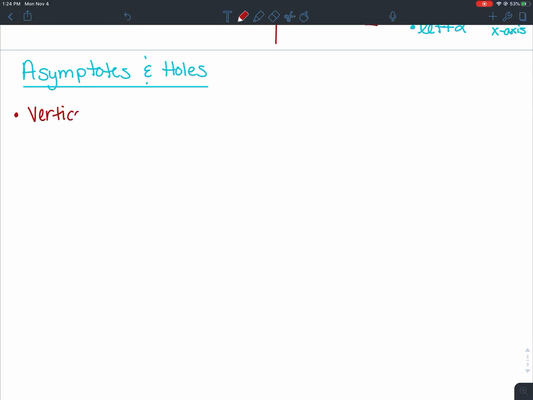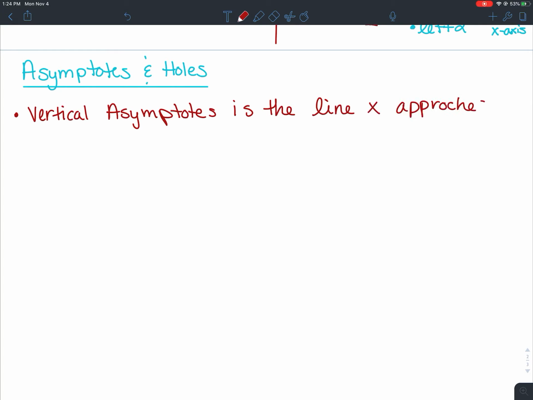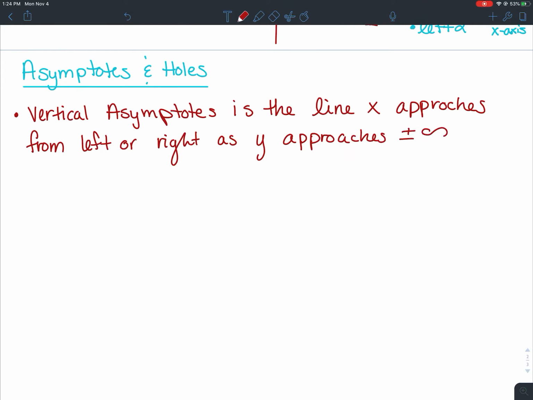So the vertical asymptote is the line x approaches from left or right as y approaches plus or minus infinity.